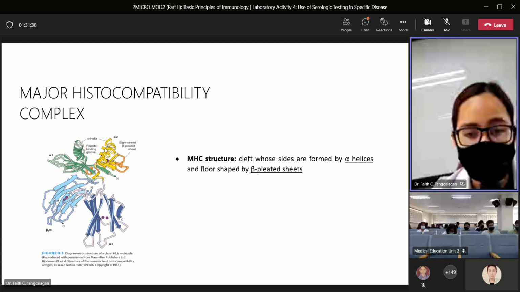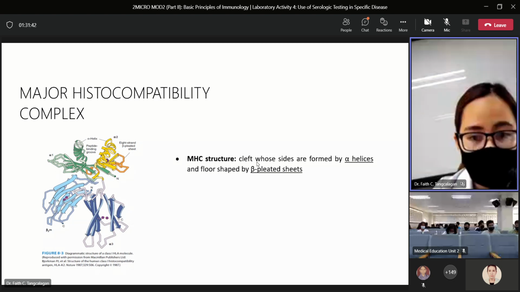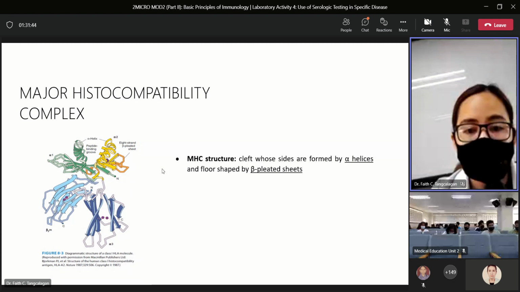What is the structure of the MHC complex? It is composed of alpha helices and beta pleated sheets. Do you recall your chemistry class?